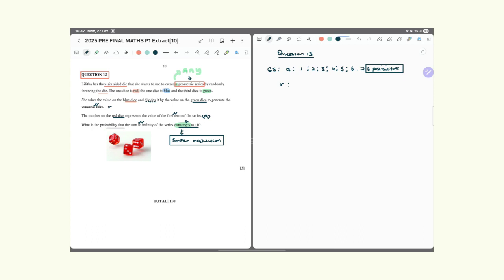Right, so here we need to know how many common ratios we are possibly going to have. Remember, 1 can divide each one of these numbers. It can divide itself, that number, that number, that number, that number, that number, right? So there's 6 possibilities for 1. 2 can divide that number, that number, that number, that number, that number, that number.